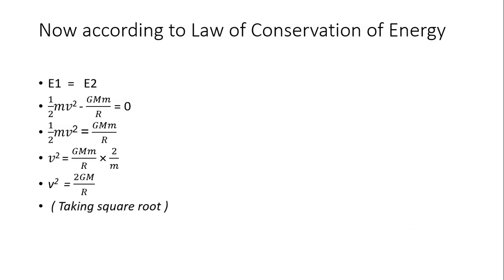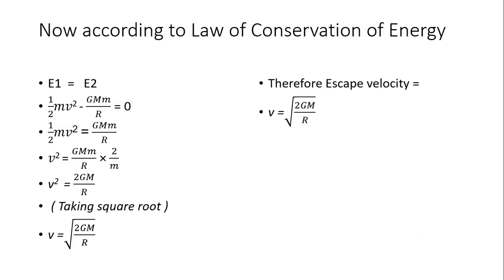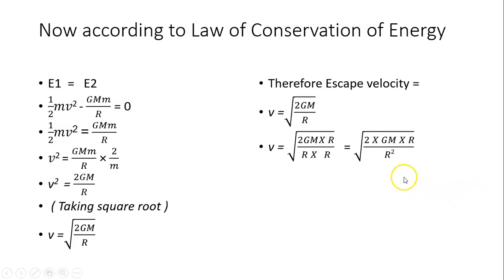Taking the square root, V is equal to root of 2 into G into M upon R. Therefore, escape velocity V is equal to root of 2 into G into M upon R. Multiplying and dividing by R, we get root 2 into G into M into R upon R square.